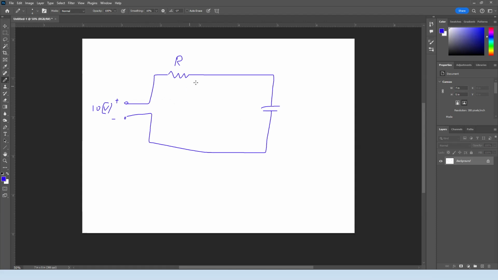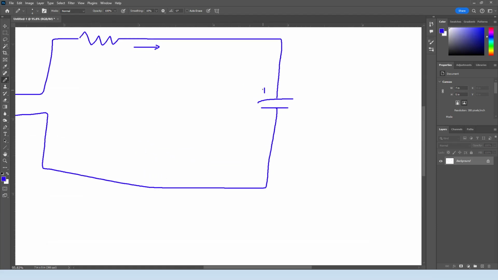So now, when the current starts flowing, let's consider the conventional current flow. So the current is going to flow from plus to minus. Then you're going to have accumulated charges, because let's say this capacitor is completely discharged, neutral.